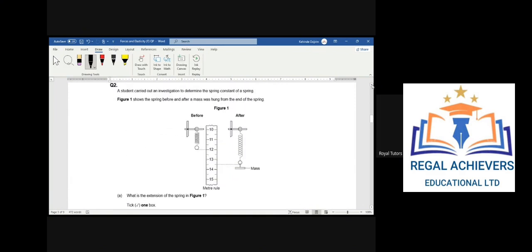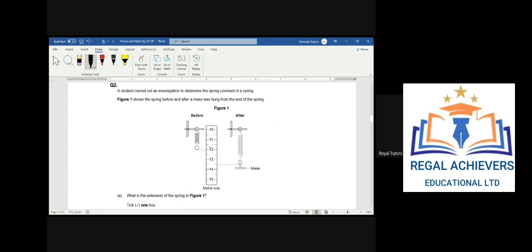From the question, you are already made to understand that the student is carrying out an investigation to determine the spring constant. And the figure 1 you are seeing there shows you the spring before and after the mass was hung from the end of the spring. So the first thing you want to look at is before. The before measured 12.